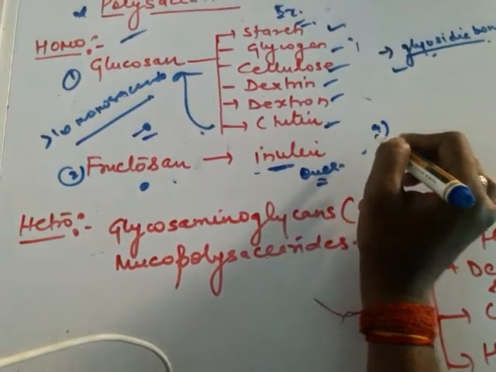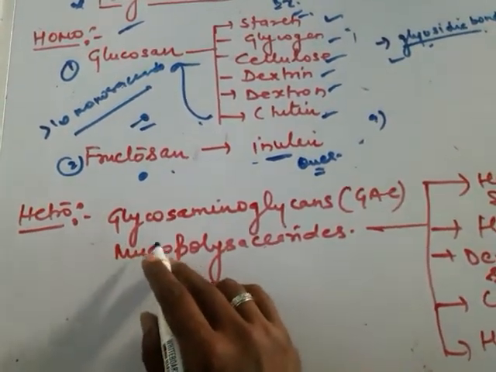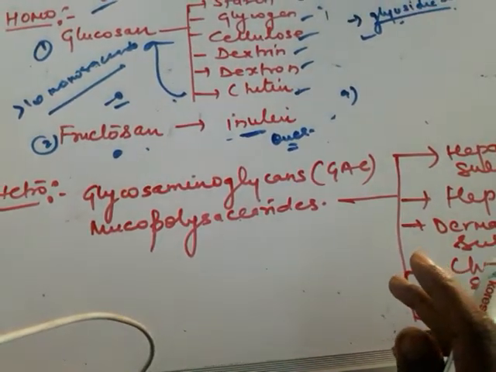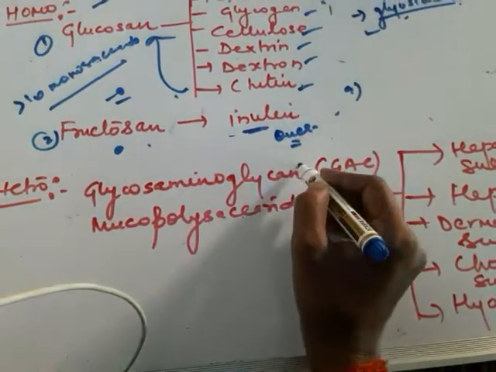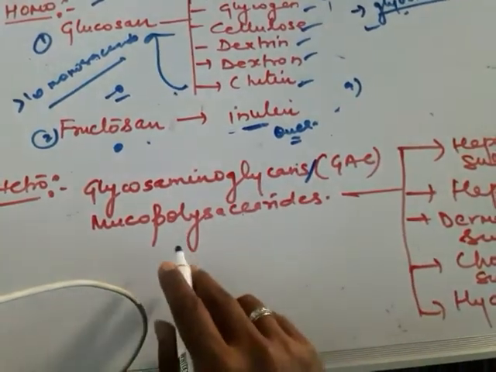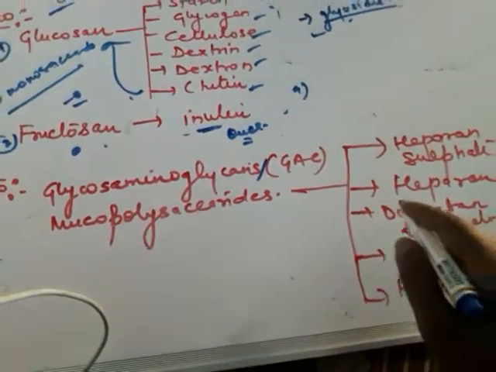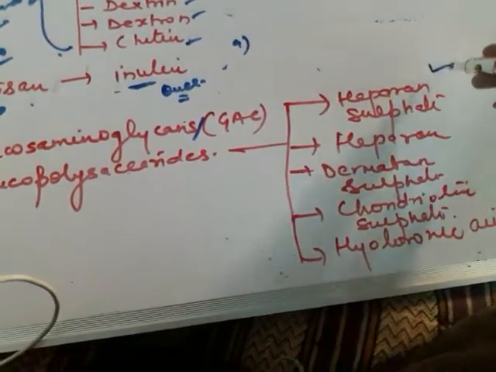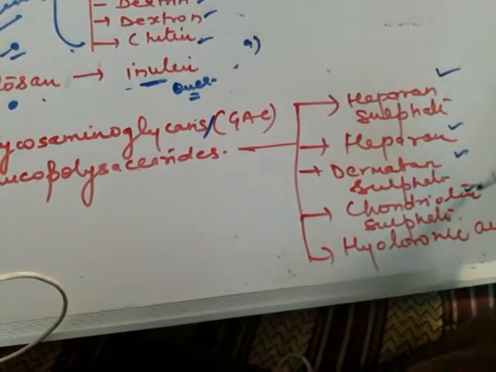When we talk about heteropolysaccharides, they are divided into one class, glycosaminoglycans, also called mucopolysaccharides. Examples of glycosaminoglycans are heparan sulfate, heparin, dermatan sulfate, chondroitin sulfate and hyaluronic acid.